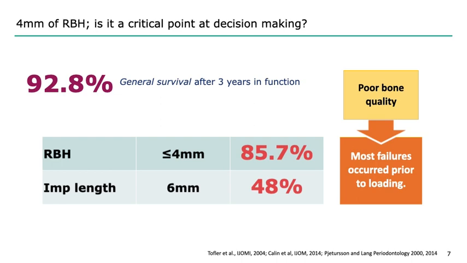And considering some clinical modifiers like residual bony height, the survival rate may vary. If the residual bony height is no more than 4 millimeters, like in this table, then the survival rate would go down to around 86%. Especially a 6 millimeter implant showed quite a disappointing outcome, which is less than 50%.